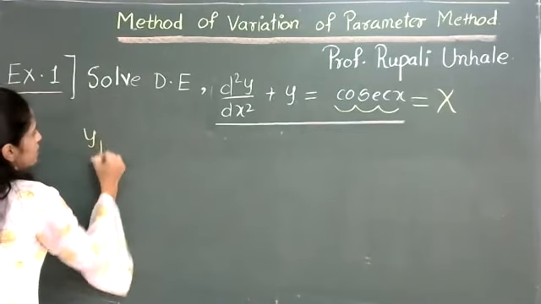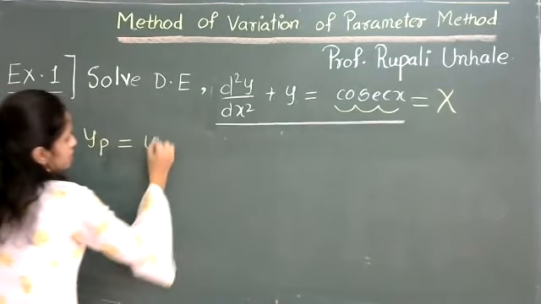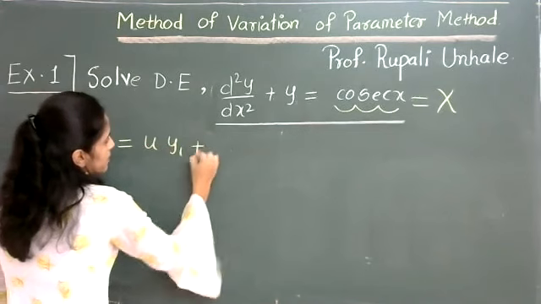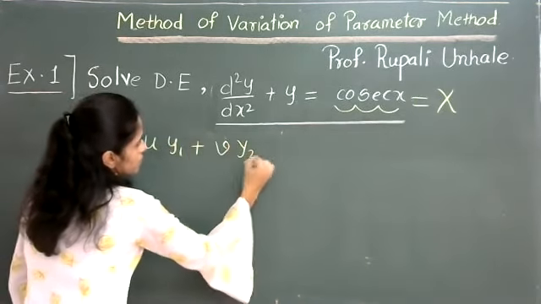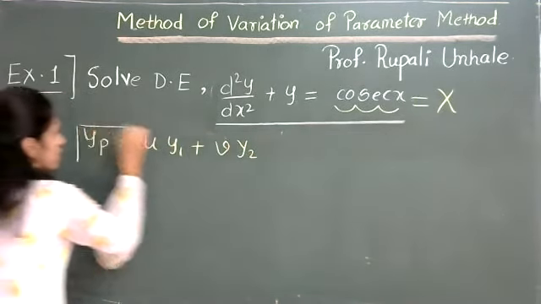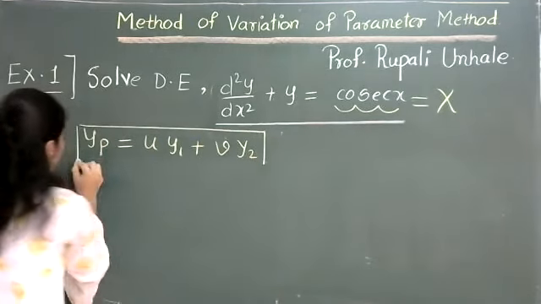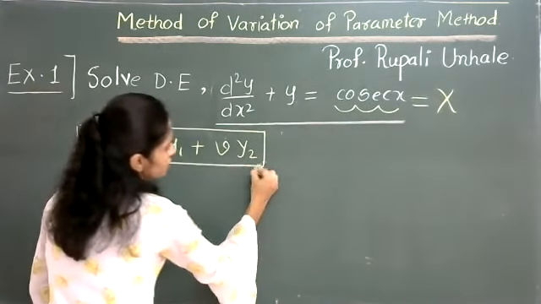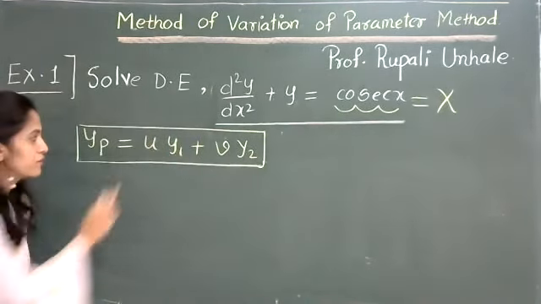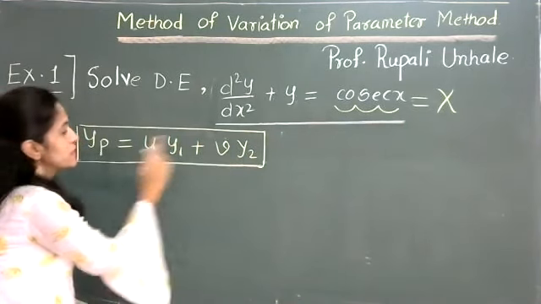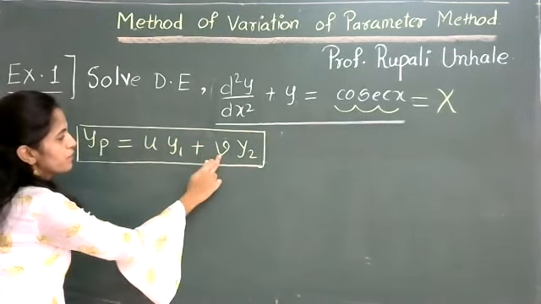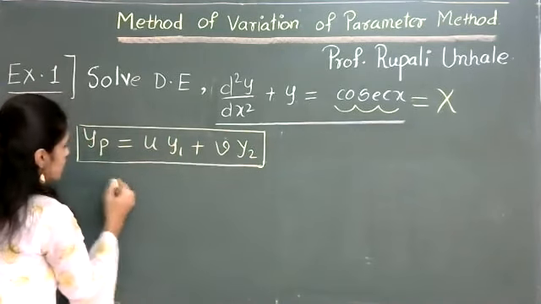Now yp is nothing but u y1 plus v y2. This is the standard formula of the particular integral. As we have found out the values of u and v, and we know the values of y1 and y2, let's substitute the values of u, v, y1 and y2.